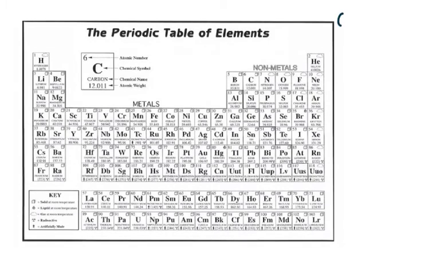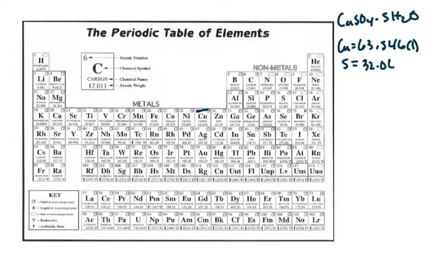So again, it was copper sulfate pentahydrate. So copper is, let's see, it's right here. It is 63.546. Sulfur, and I have one of those. Sulfur is 32.065.